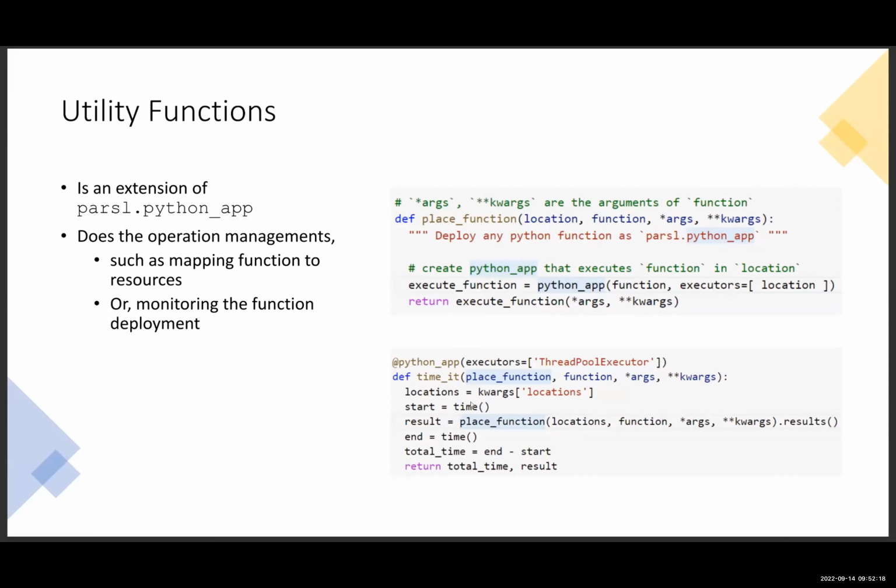This is a more complex example, which will take a placement function, then measure the time of the deployment of that function. This is going to run on a separate thread because it is a Python app, which will use a thread pool executor to perform the operation.